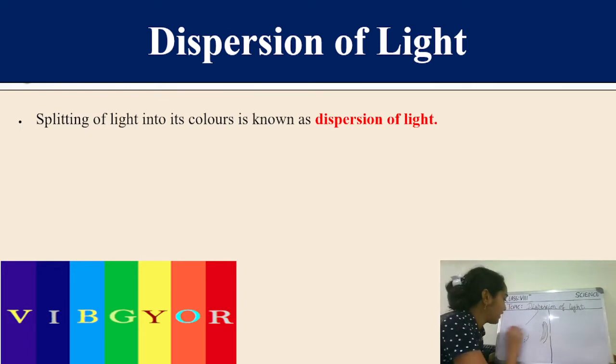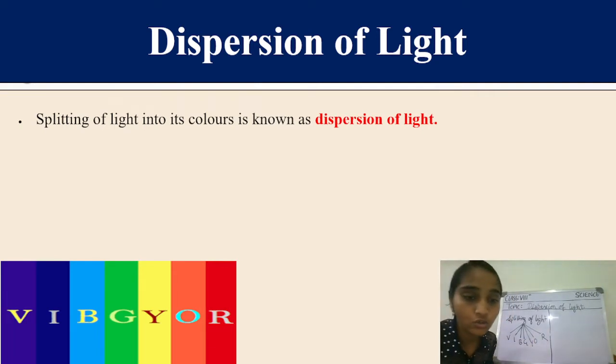So basic points we can write down from here, that dispersion of light is the splitting of light into the constituent colors. Splitting of light into the 7 constituent colors, which are violet, indigo, blue, green, yellow, orange, red.